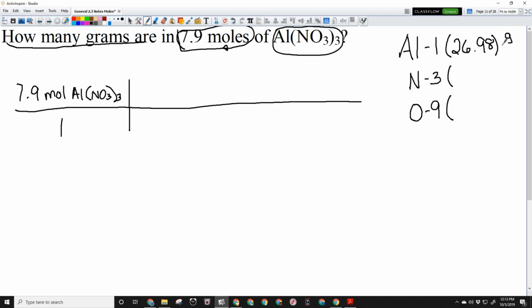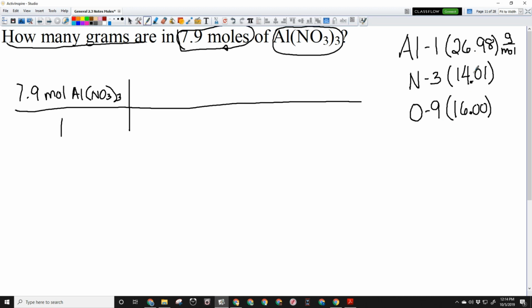And remember, these are all grams per mole. Okay, nitrogen is 14.01. You can check me on the periodic table. And oxygen is 16.00. Many of you ask me, do we have to memorize the periodic table? No, but because you use this information so much, you're just going to naturally remember it like I did.